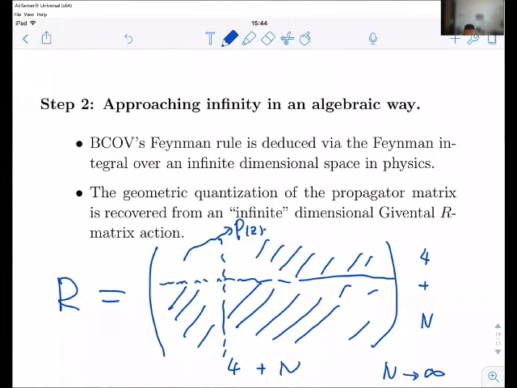Okay, I'll just try to give a very rough idea of how to prove this BCOV Feynman rule. We found that even in the original conjecture and also in our approach, we both use some way to approach the infinite.